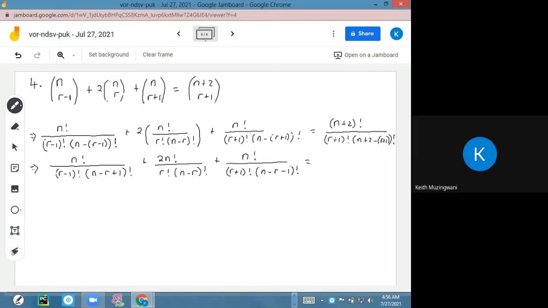So kindly note n plus 2 factorial over r plus 1 factorial, and then this will be n plus 1 minus r factorial.